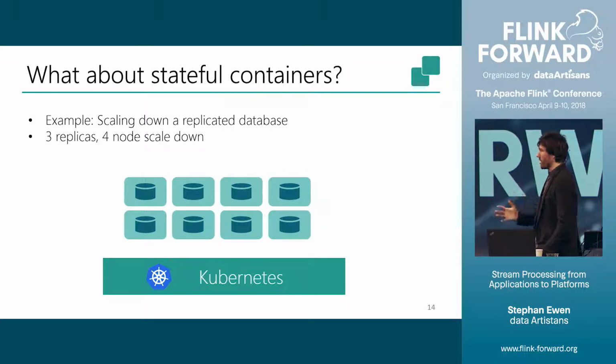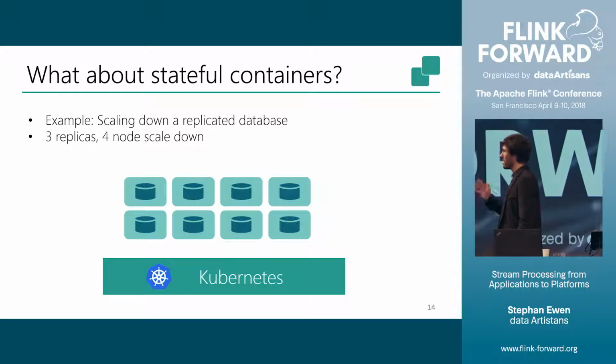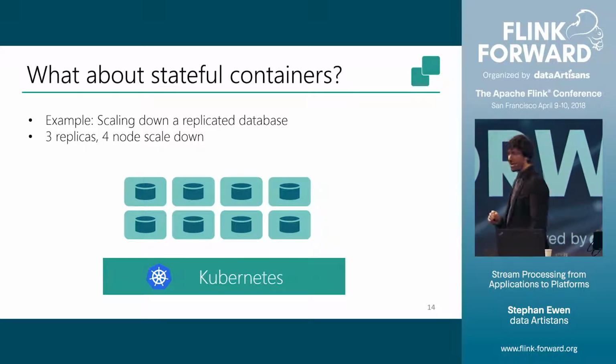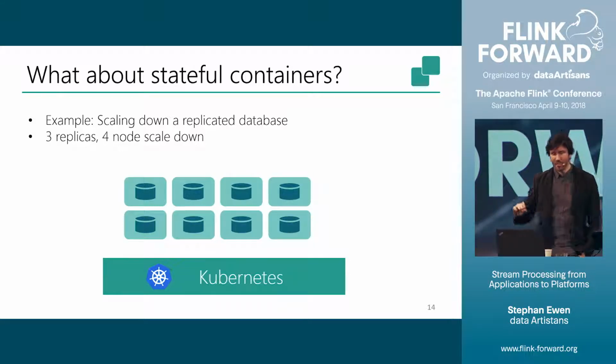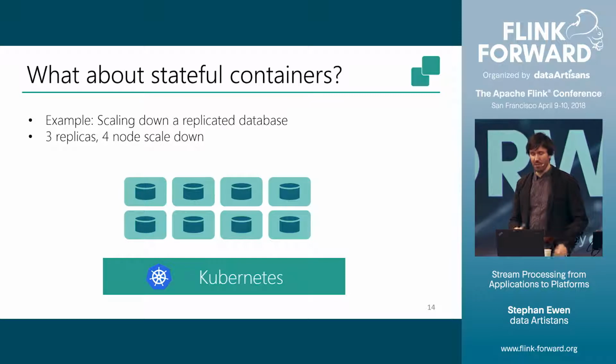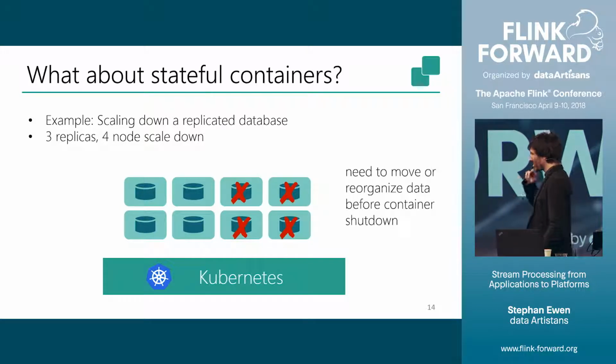Assume you're running a replicated database in your container infrastructure, and everything is replicated 3 ways. At some point you say, we've done the beginning-of-day, end-of-day spike of load, and for resource efficiency let's shrink it for the night. So we want to scale the resources by half and shut down 4 nodes. If we just do that naively, it's not going to go well.